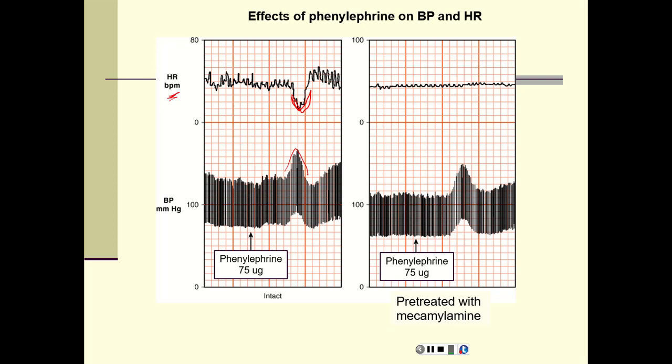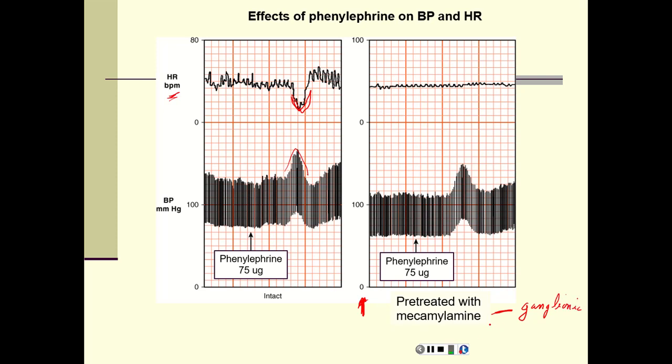So in order to test this, they repeated the experiment, but this time they treated the animal with mecamylamine. Mecamylamine is given as a pre-treatment over here. The animal is injected with mecamylamine, it's allowed to circulate and have its effect, and then phenylephrine is added to see the increase in blood pressure again. And remember that mecamylamine is a ganglionic blocker, a nicotinic receptor blocker at the autonomic ganglia.